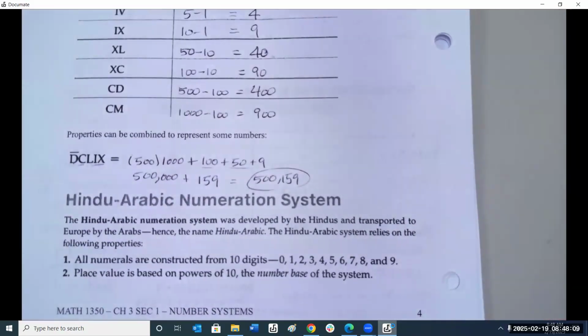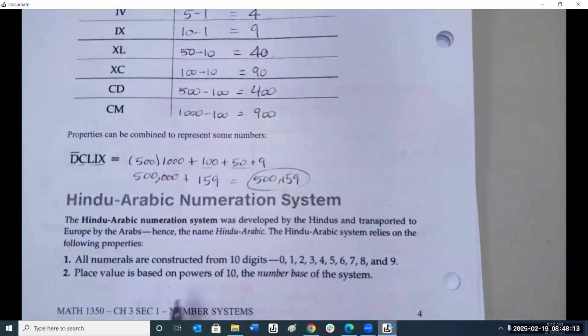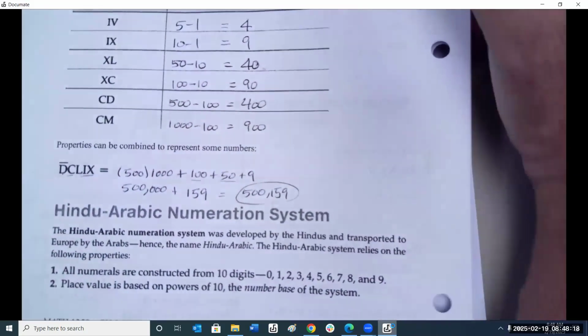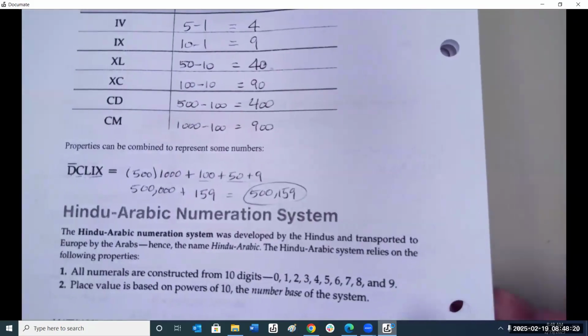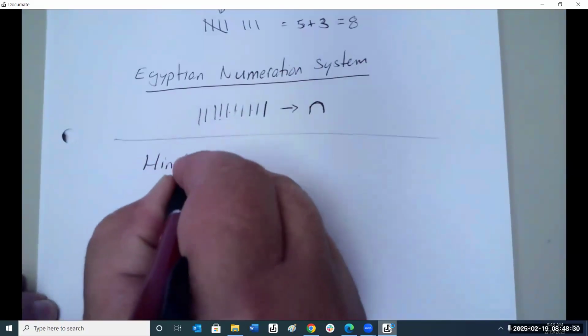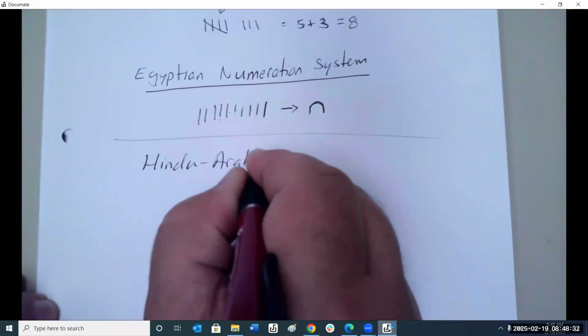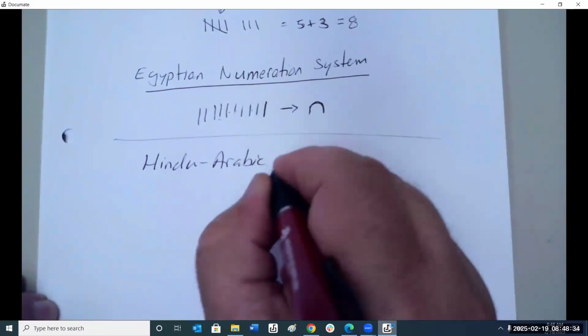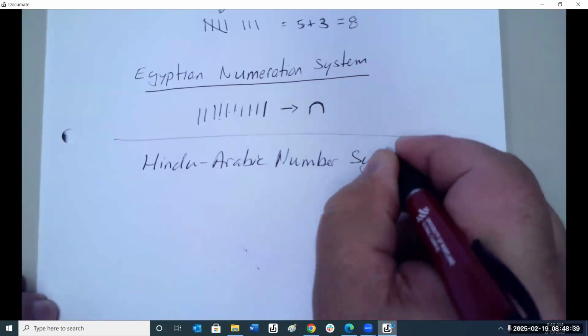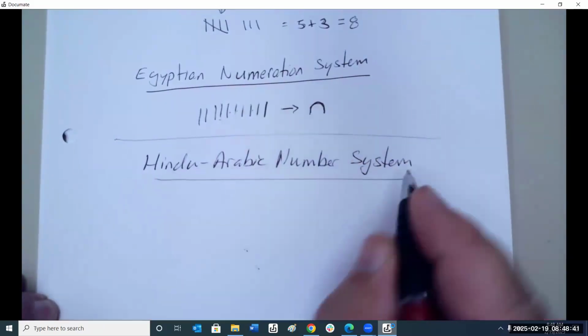Then we get to our system of numbers, the Hindu Arabic, which are numbers 0 through 9. The Hindu Arabic number system.